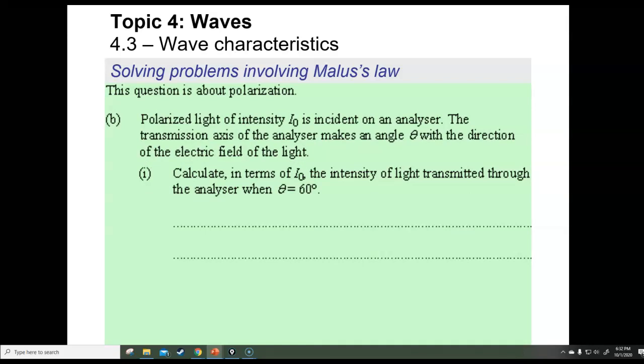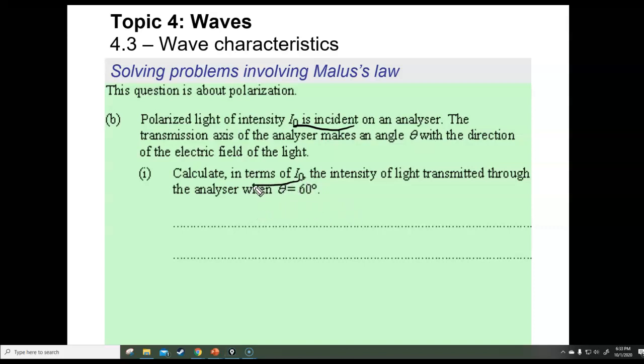Polarized light of intensity I naught is incident on an analyzer. By the way, if you don't know what the word incident means, this basically means hits. Light of intensity I naught hits an analyzer. The transmission axis of the analyzer makes an angle theta with the direction of the electric field of the light. Calculate in terms of I naught the intensity of light transmitted through the analyzer when theta equals 60 degrees.